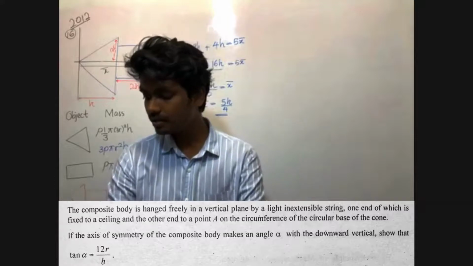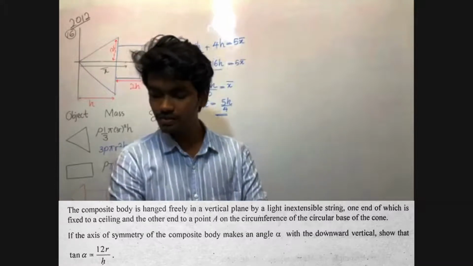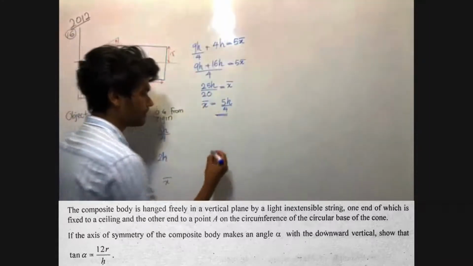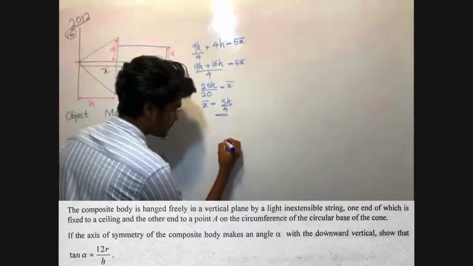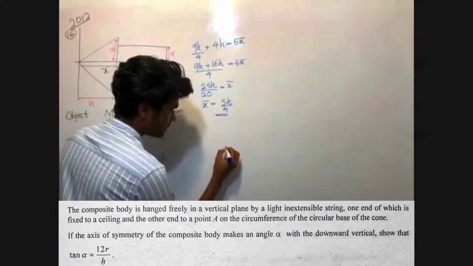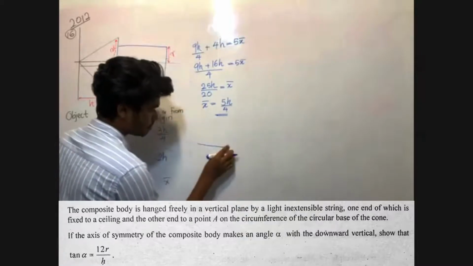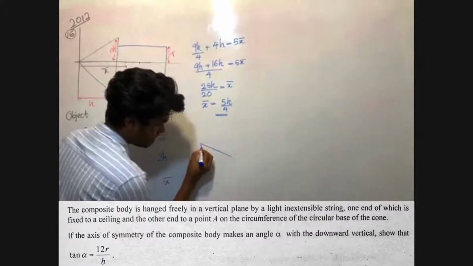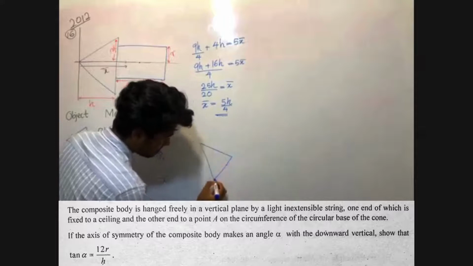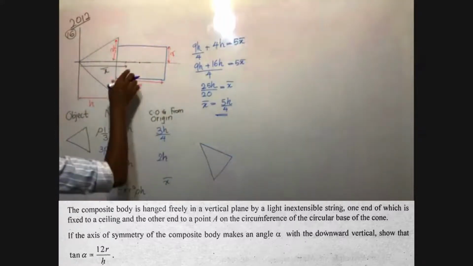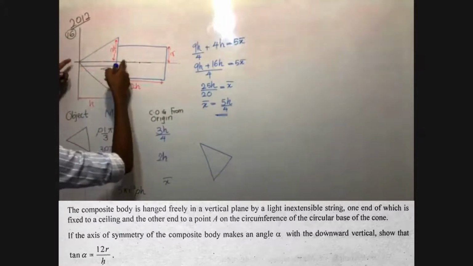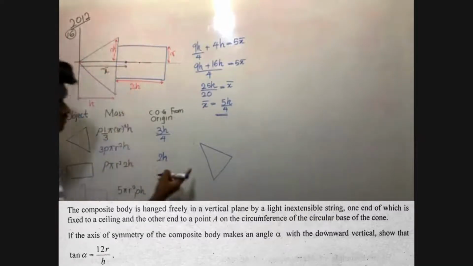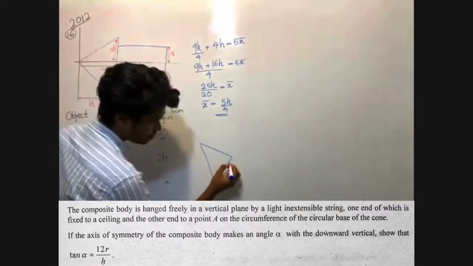It's like this. 5h over 4 means the center of gravity is somewhere here.